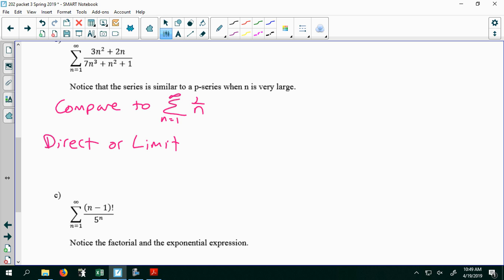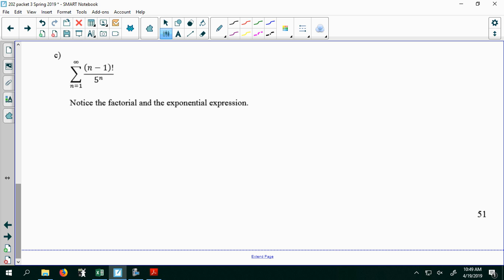And then the 1 over n diverges whether you multiply it by 3/7 or not. If the leading terms had the same degree, the terms would converge to the ratio of the leading coefficients. The terms would converge to that, not the sum.